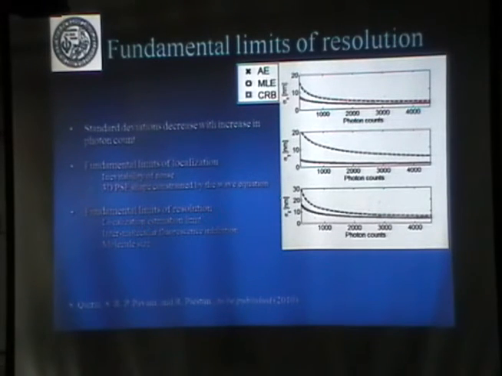Now, let's say you can get down to around 5 nanometers. If you have enough photons and you can get to that resolution, then there are other limits, because the molecules themselves might be bigger than 5 nanometers. So what is the meaning of saying that you have 5 nanometer resolution if the molecules are bigger than that?